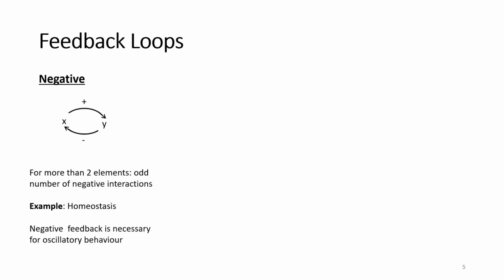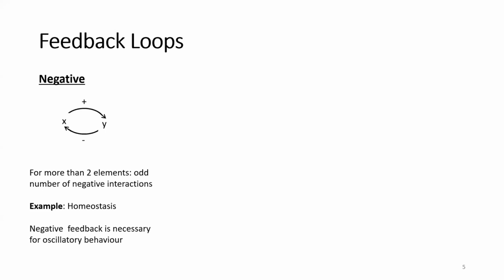Just to give you background, the basic feedback loops that we're interested in are either negative or positive feedback. I'll just talk about the negative one first. So the negative feedback, in this case, suppose there are two variables and an increase in X causes an increase in Y, and that in turn decreases X. So this forms a kind of negative feedback loop. Each individual interaction may be positive or negative, but when you loop them together, you get a negative feedback loop.